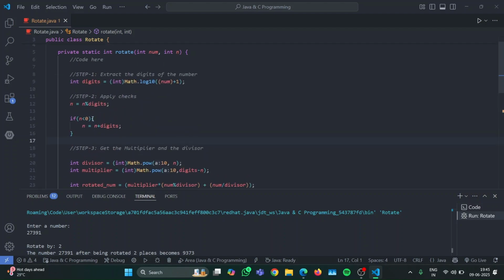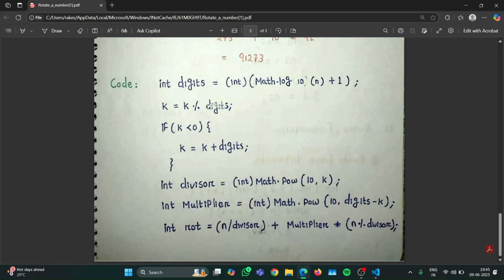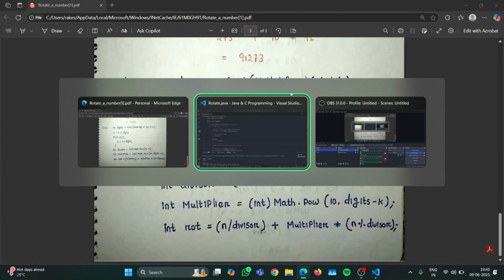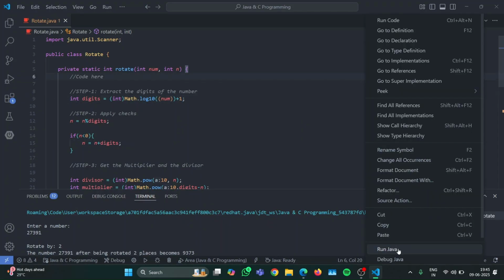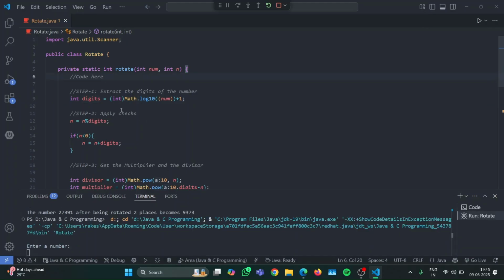First of all, we have to extract the digits that we already did. Okay, this +1 will be added here. Now our code will work properly, because when we get the logarithmic value of a number, we get a number that is one less than the number of digits of that number.